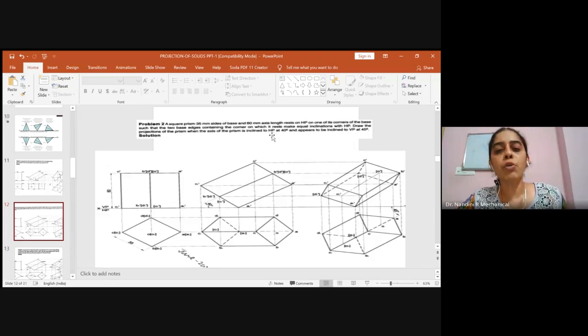If it was told it is inclined to VP at 45 degree, then we should determine the apparent angle beta. Since it is mentioned appears to be inclined, we won't be determining the apparent angle. We will directly shift the apparent length of the axis from the second stage to the third stage top view. Please read the question properly whether it is appears to be or not.